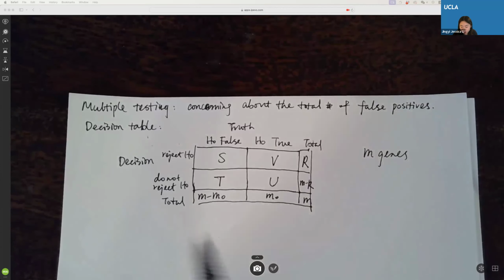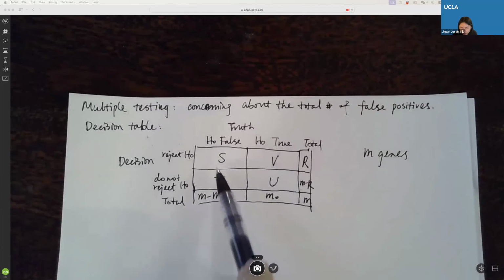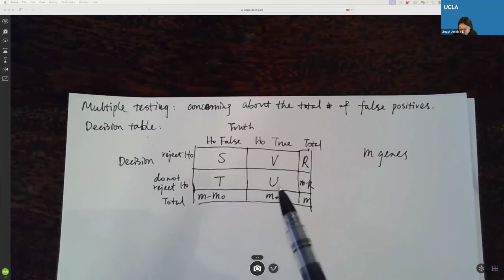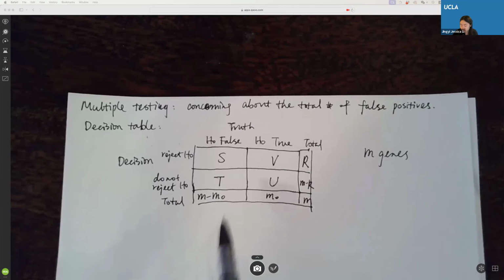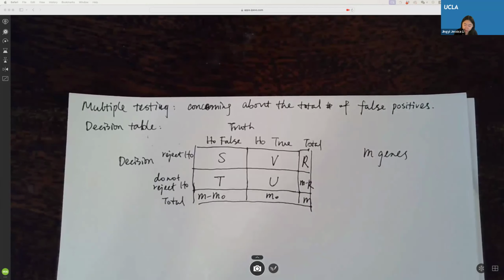So anything related to our decision must be capitalized notation. But the ground truth, like which null hypothesis is true or not, is not random. So we use lowercase. With this notation, I think our discussion will be much easier.